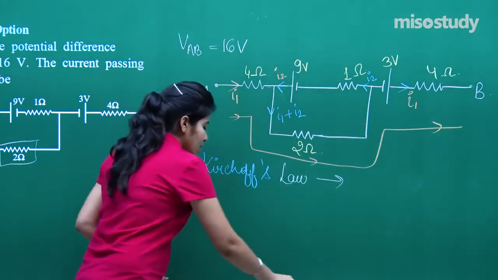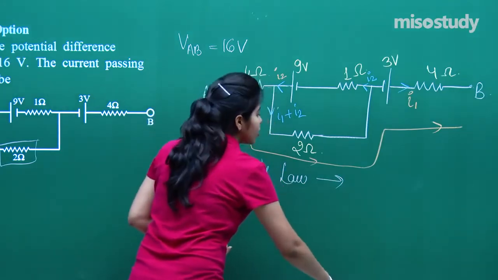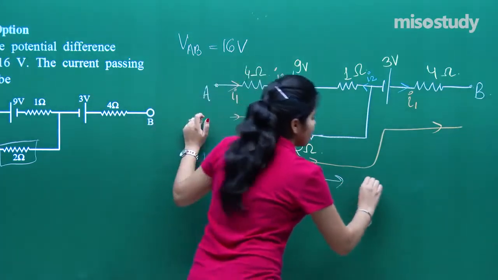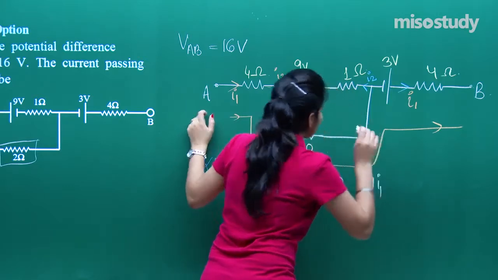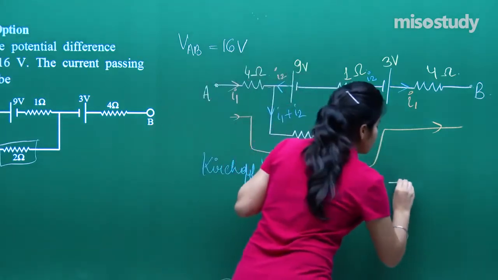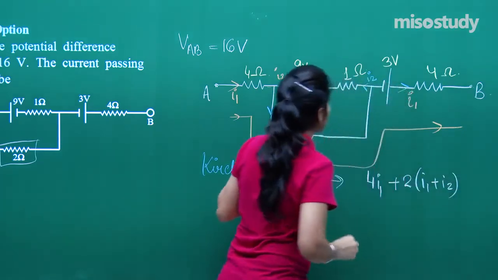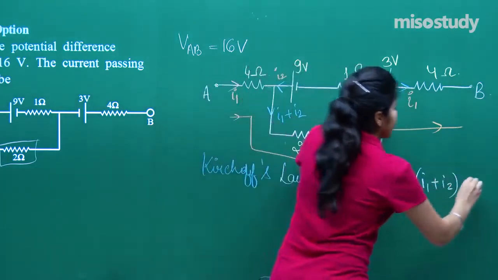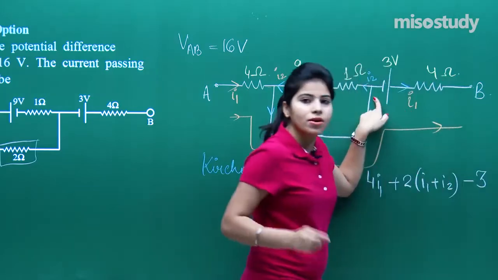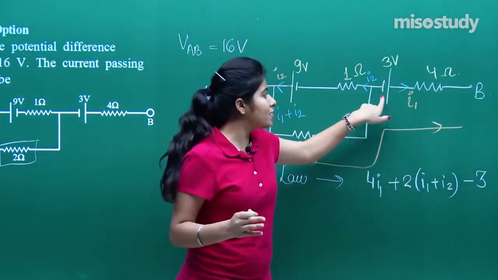So now here the equation will become 4 into I1 plus 2 into I1 plus I2, then minus 3. As I have told you in the lectures also, why minus 3?